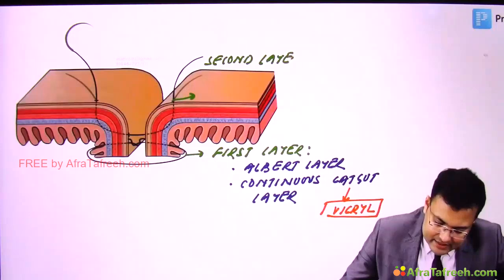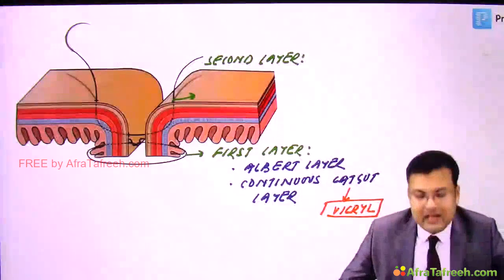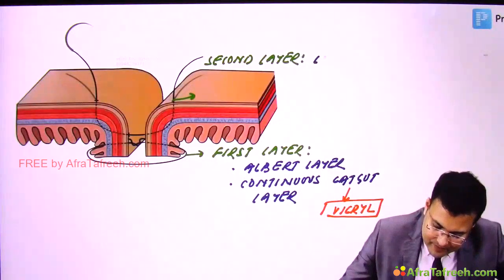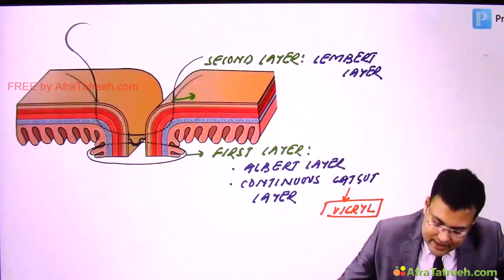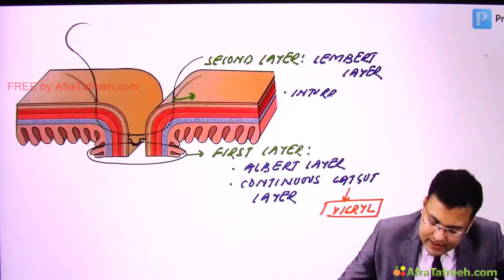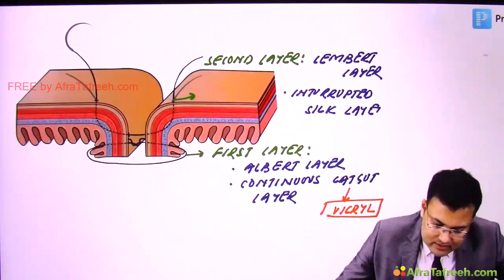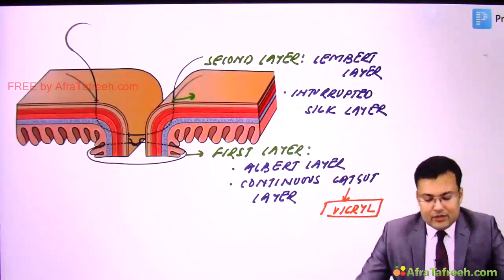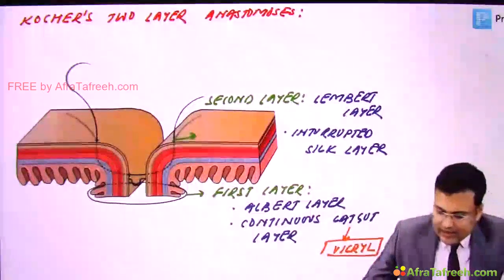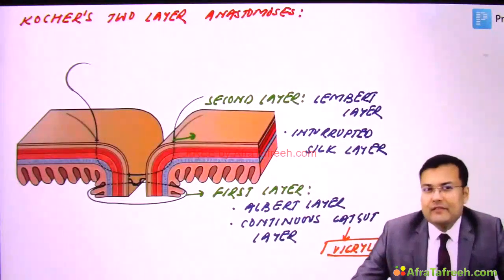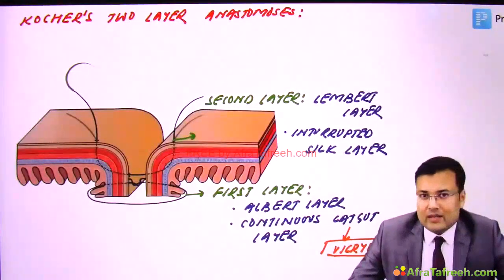Here we are using silk for suturing. Initially this was favored, Cocker's two-layer anastomosis, but nowadays we favor single layer extramucosal anastomosis.